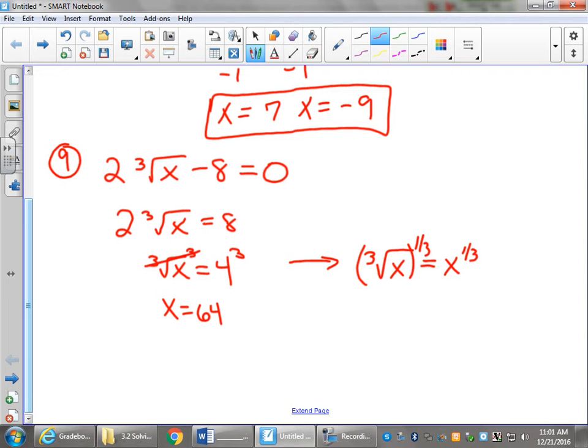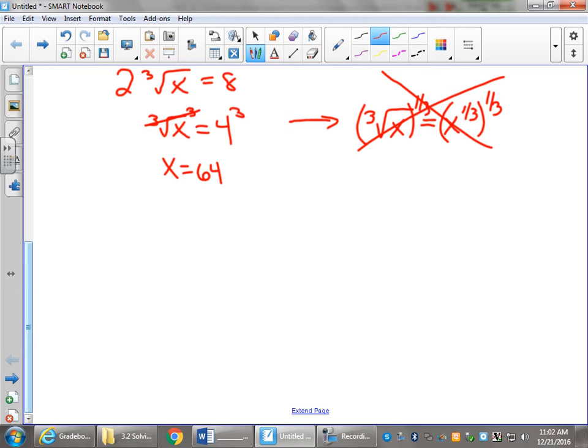That's like saying x to the 1/3 to the 1/3, not reciprocals. They do not cancel. It would become 1/9. So that's incorrect. I'm glad you said that, though, because that usually happens to around half the class when I give this quiz. So I'm addressing the misconception right there. Watch out for that. Next one.